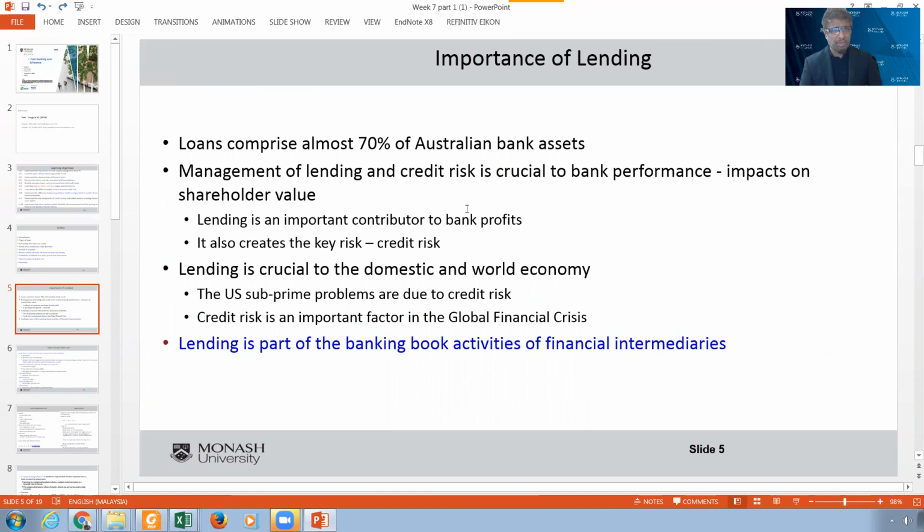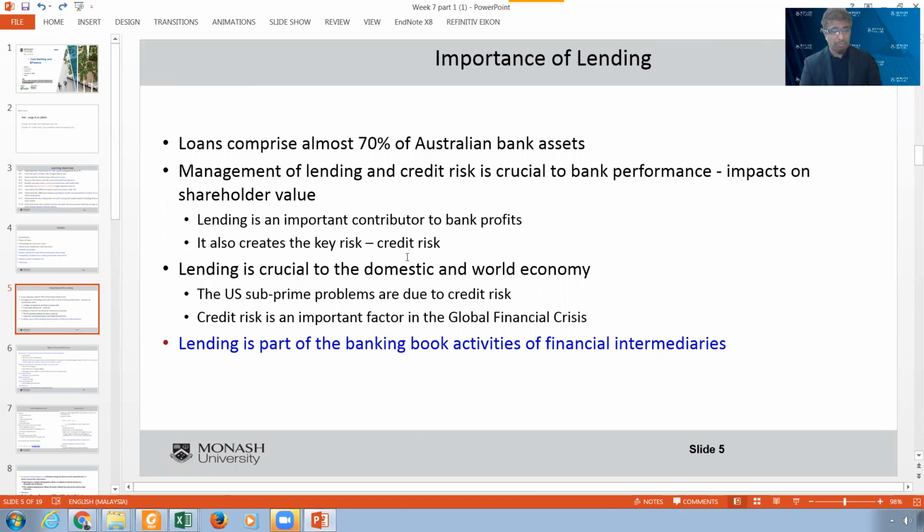Managing the loans and credit risk is very important to the bank because that will keep the bank surviving. All the financial crises we have seen involved credit risk. Lending is an important contributor to the bank's profits. It also creates a key risk, which we call credit risk.